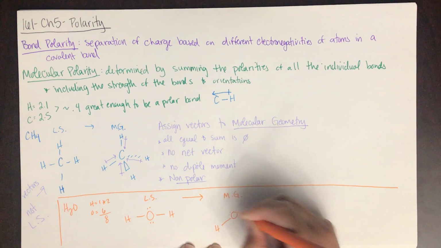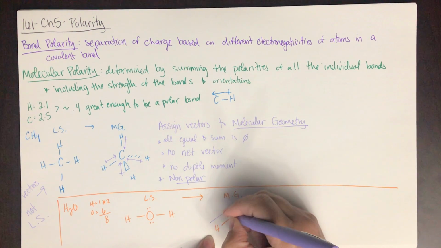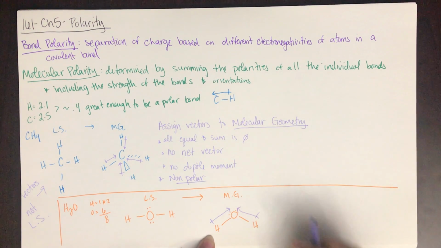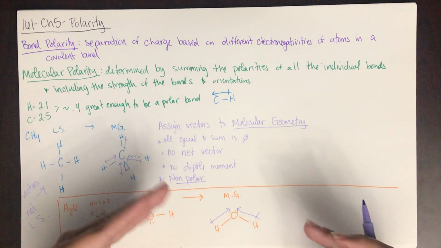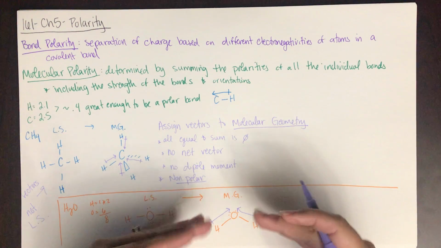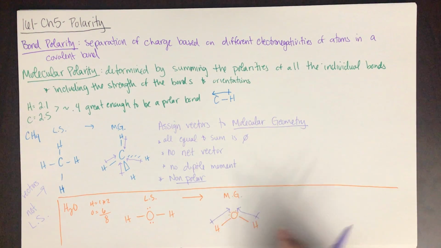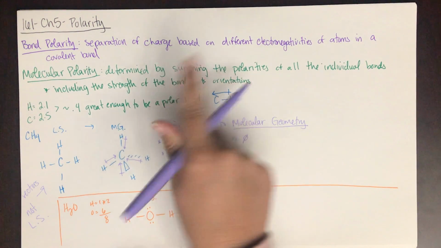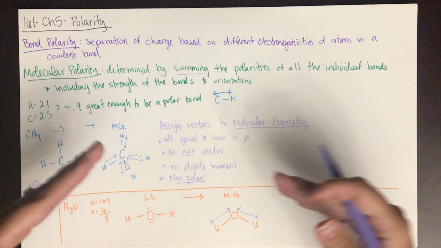It's bent. So now when I assign the vectors, oxygen is more electronegative than hydrogen. So the vectors would go like this. Pointing together, these are equal magnitude, but they are not opposite directions. These are not going to cancel each other out, which means the sum of these 2 vectors, molecular polarity is determined by summing all of the polarities. So this is like a physics thing. It's the angles.